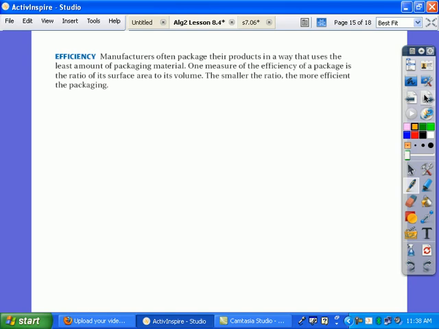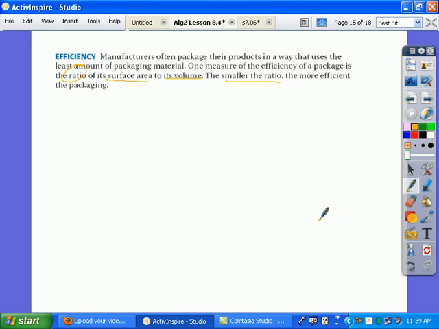So we have this idea of a ratio of surface area to volume, and this is just one measure of package material efficiency, and we're looking for the smaller ratio. The smaller, the better. So I'm going to take the surface area divided by the volume, and I'm looking for a small number, and I want to make that number smaller if I can. Okay, so here we go.